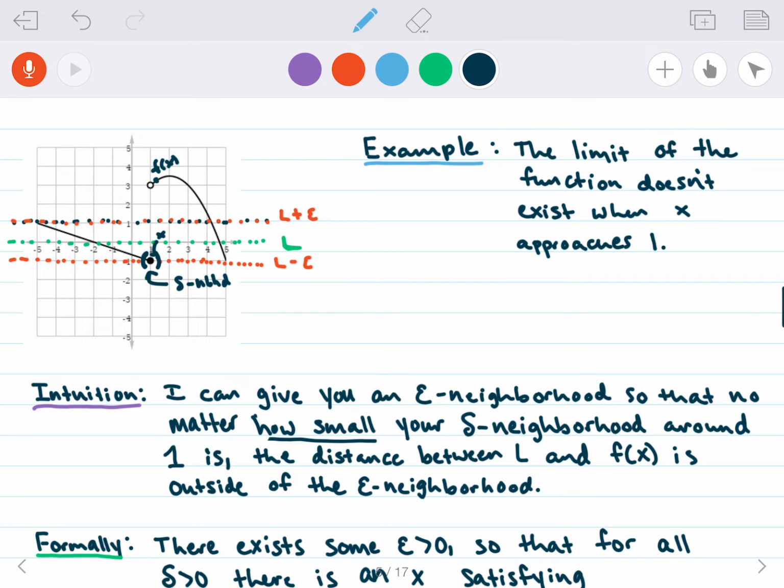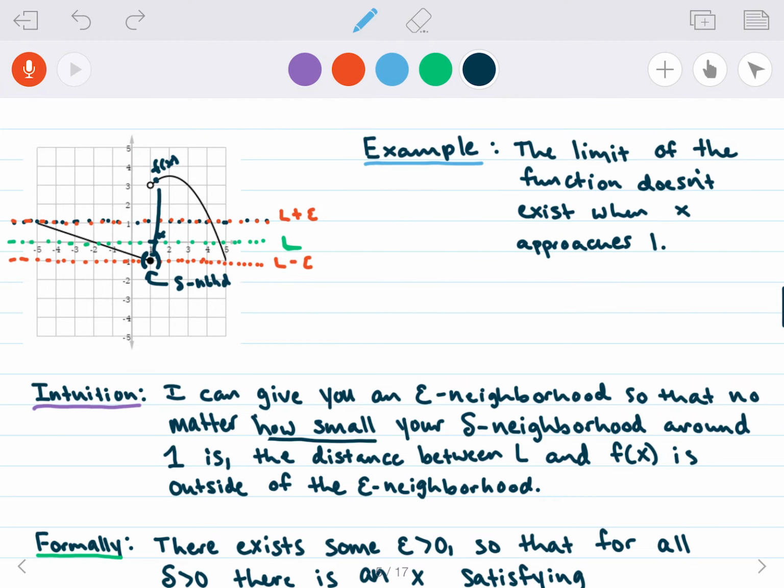And I can give you an x in that delta neighborhood so that the distance between f of x and L, that's going to be this distance right here, is going to be greater than or equal to epsilon, right? It's not in this neighborhood. And that's the idea. That's the intuition here.